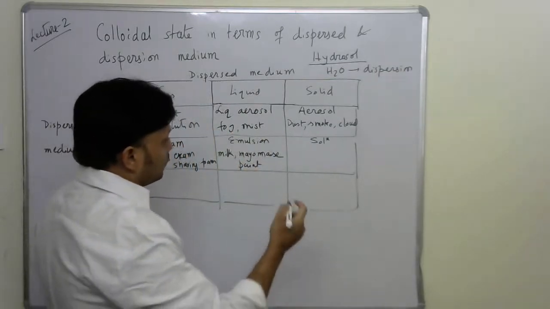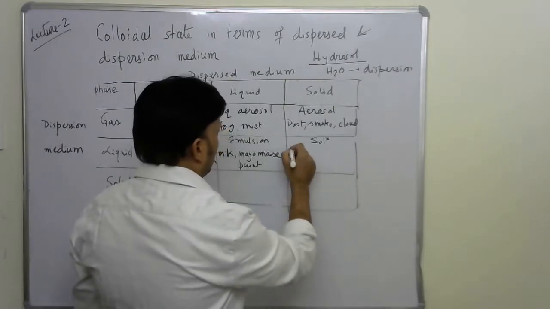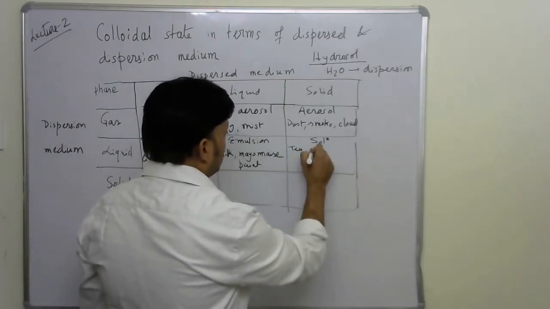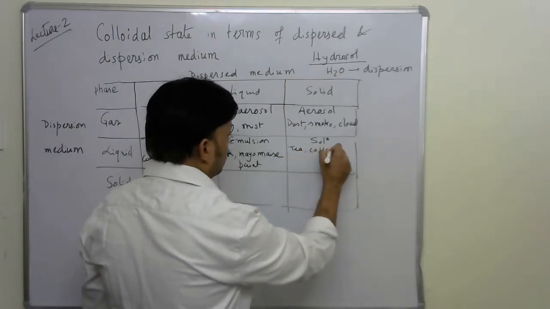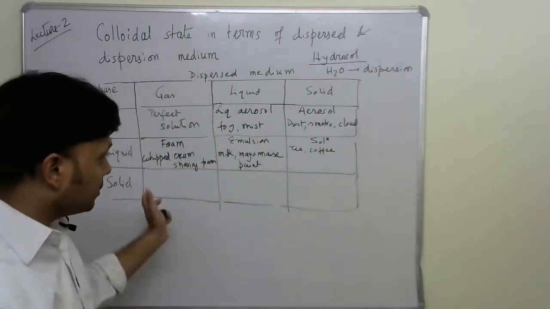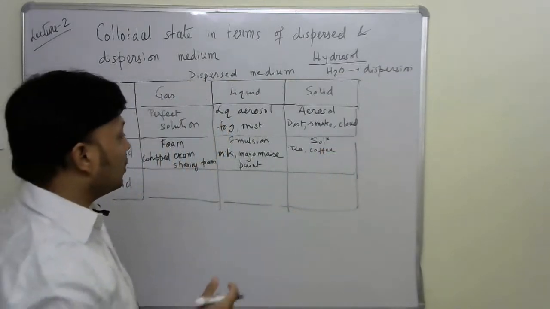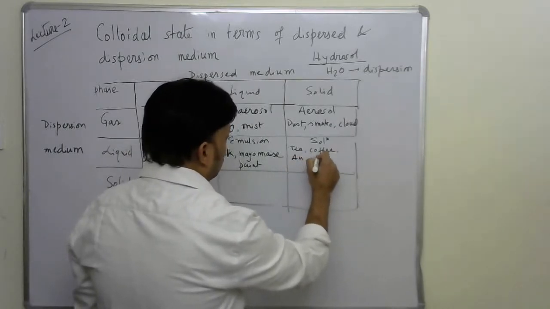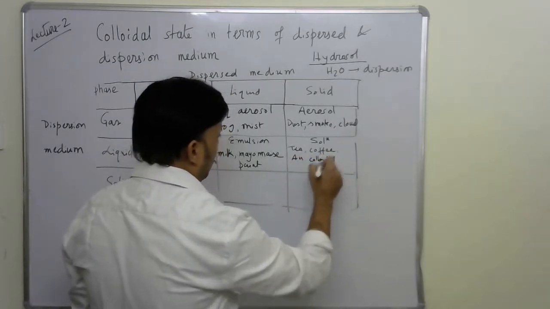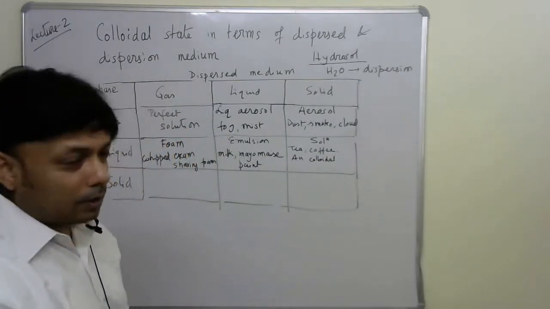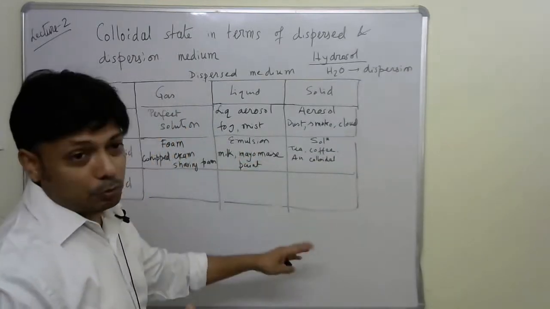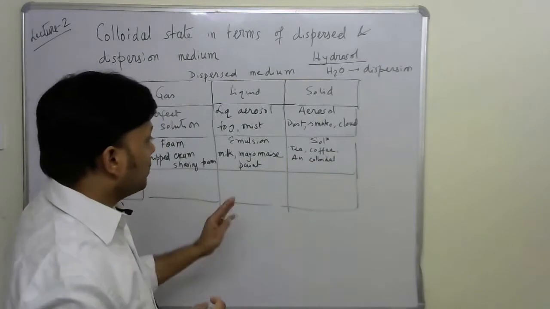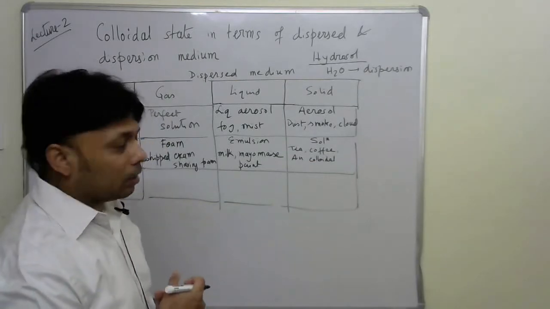So examples of sols are many. We can think about tea, coffee, because it is made in water. So water is the dispersion medium, so it's a hydrosol. And also we can think about gold colloids. So colloidal gold particles dispersed in water. It could be nanoparticles, could be microparticles, are also examples of this sol.